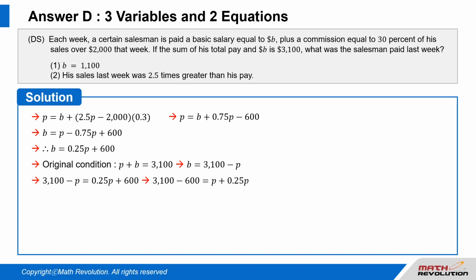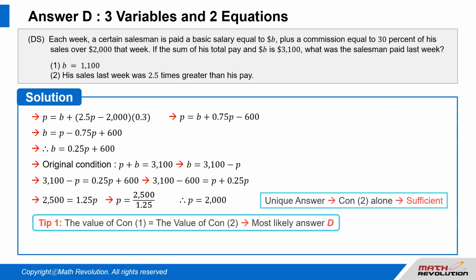This can be rearranged to get 3,100 minus 600 equals P plus 0.25 times P. Simplifying gives us 2,500 equals 1.25 times P. So, P equals 2,500 over 1.25, or P equals 2,000. Since this value of P is unique, it's sufficient.